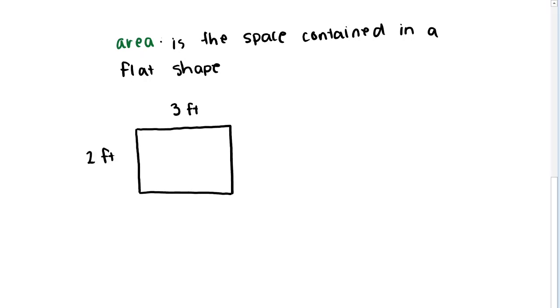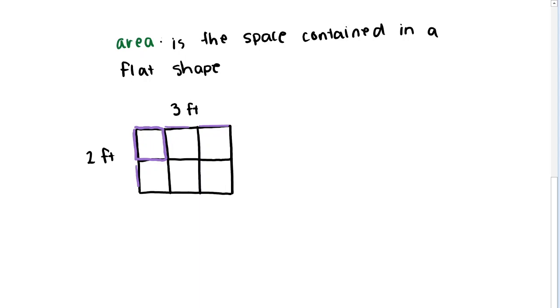Then I can imagine splitting up this rectangle into 6 different 1 by 1 foot squares. Here we can see this is 1 foot, 2 feet, 3 feet, and then here's 1 and 2. This naturally cuts up our rectangle into a grid, and so we get 6 different 1 foot by 1 foot little squares.